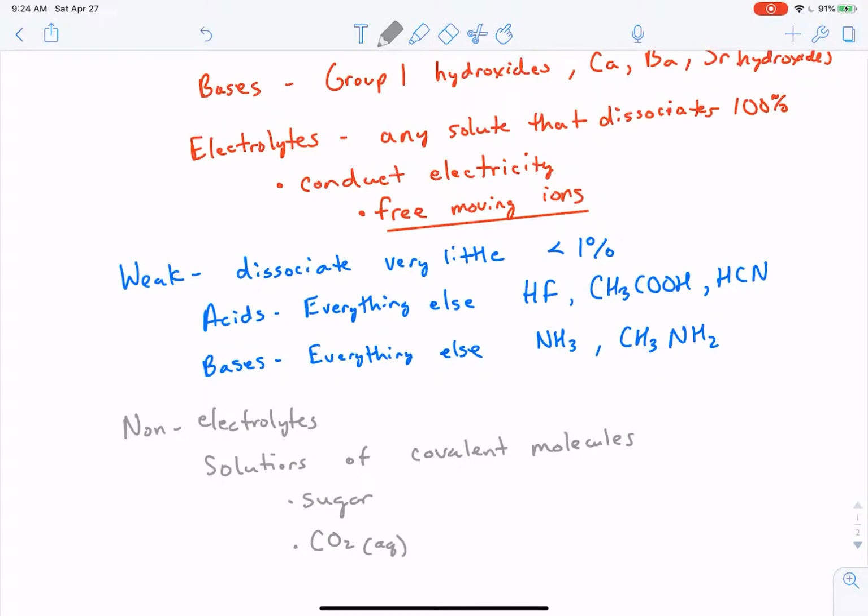Those don't conduct any electricity because they don't form any free-moving ions, which allows electricity to pass through. So keep that in mind. Questions about the types of strengths of solutions?